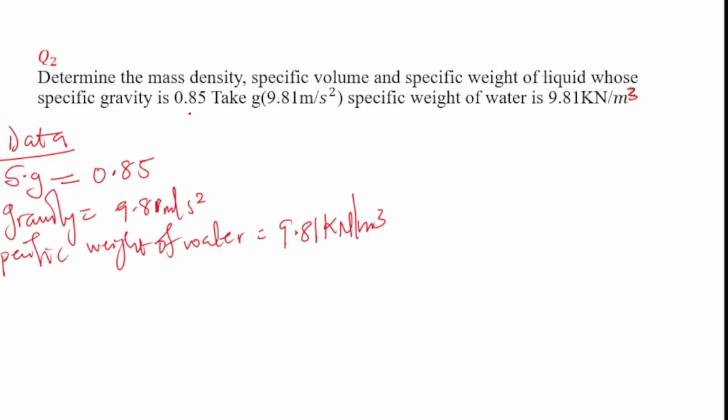Now, what are we asked to calculate? We are asked to calculate the mass density, which is specific mass, the specific volume, and the specific weight of the liquid. Now, the first thing you do is, since we are given specific gravity, we can calculate the specific weight of this liquid. How?